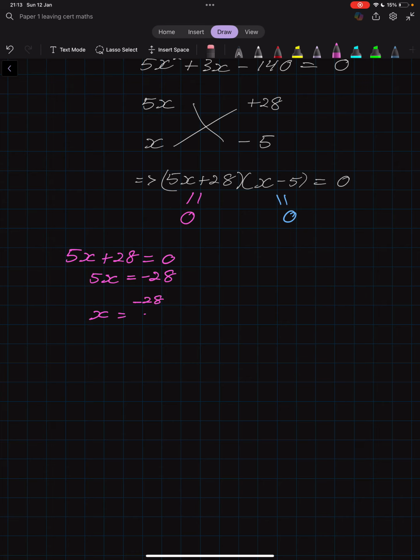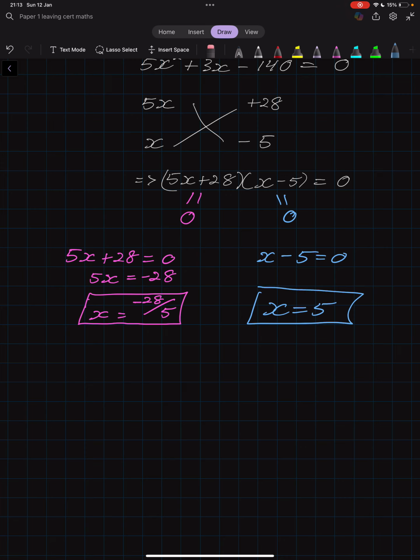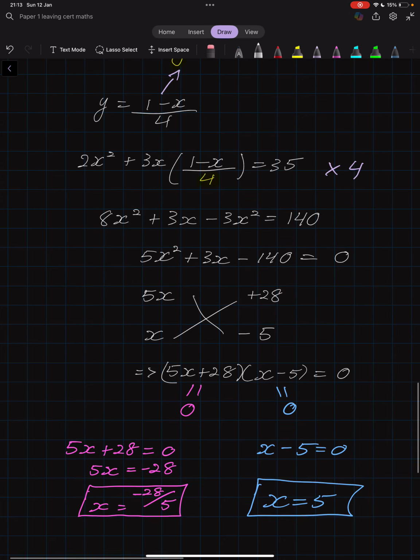Now if we assume that x minus 5 is 0, then we just get that x equals 5 is the solution. And remember, we got that y equals 1 minus x over 4.